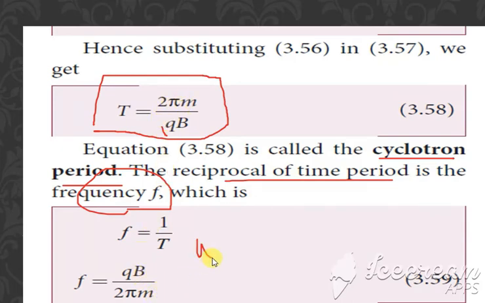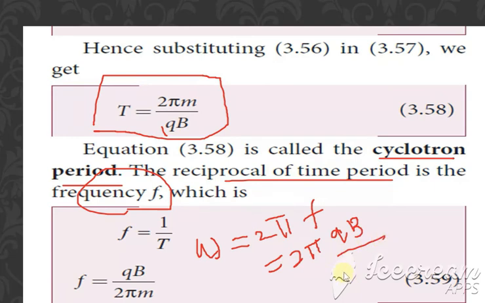Next we are going to find what is omega. What is the formula for omega? That is given by 2 pi into f. So we write the value of this frequency here: 2 pi into qb divided by 2 pi m. Now 2 pi and 2 pi get cancelled, so we get omega equal to qb divided by m.